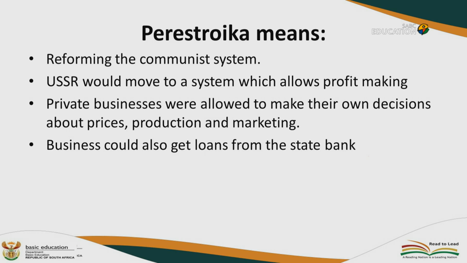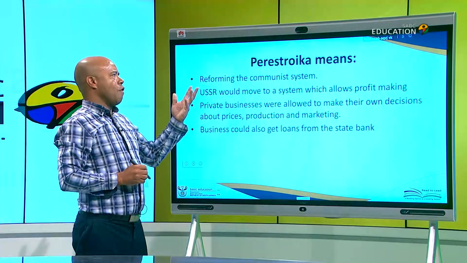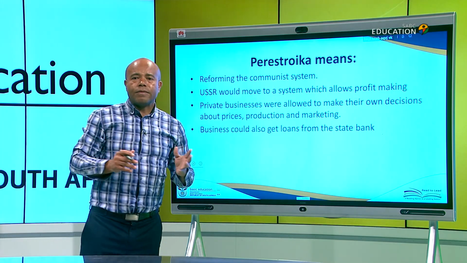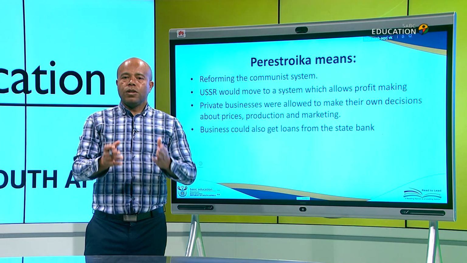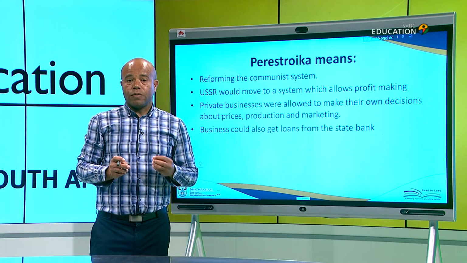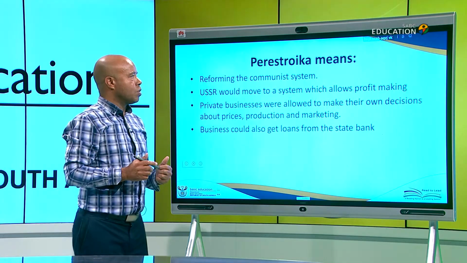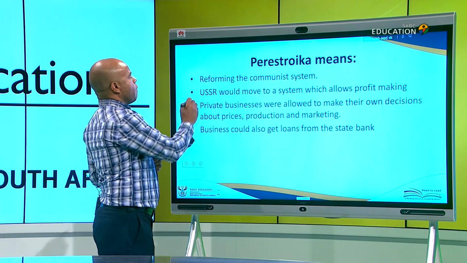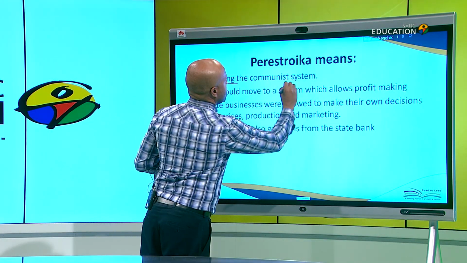Then let's quickly look at Perestroika. What was the meaning of Perestroika? It's imperative that we understand, grade 12s, that Perestroika had to be introduced because the economy of Russia was about to collapse. The meaning of Perestroika was to reform the communist system.